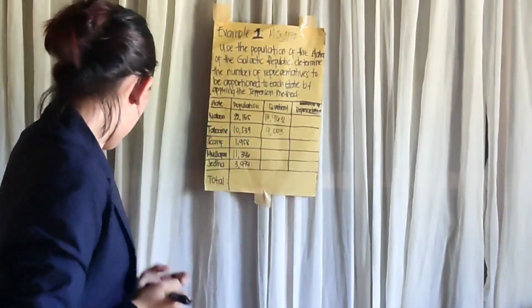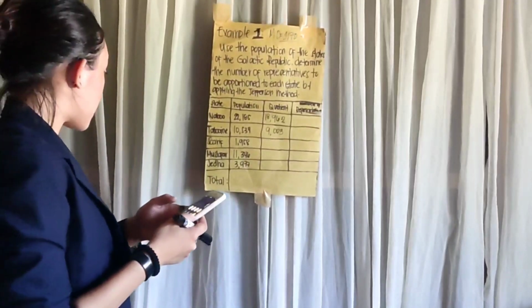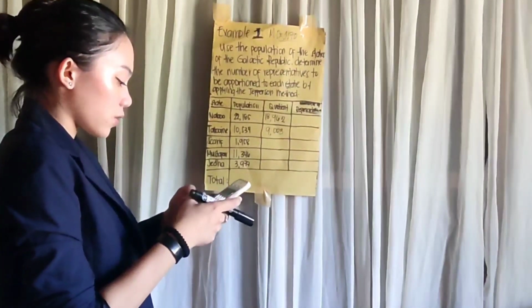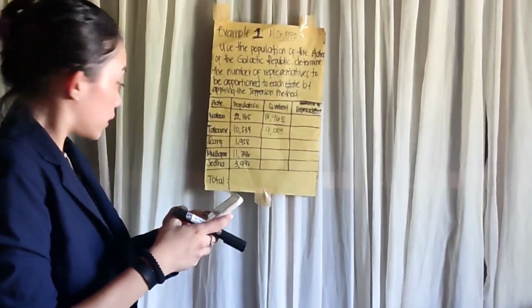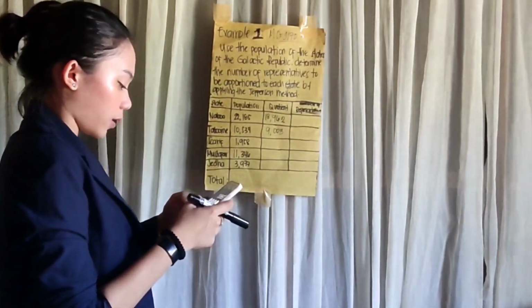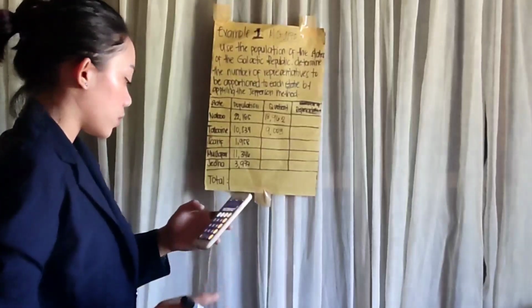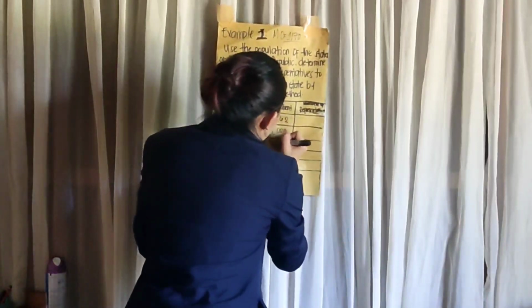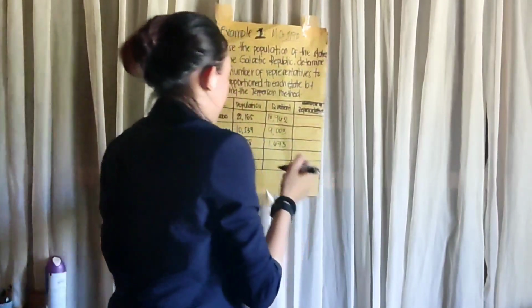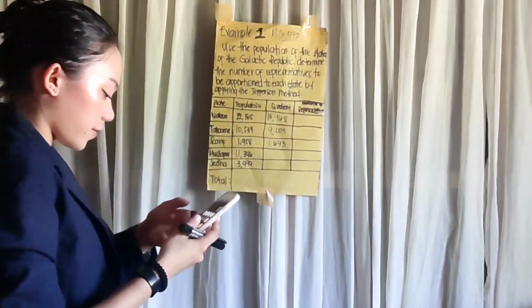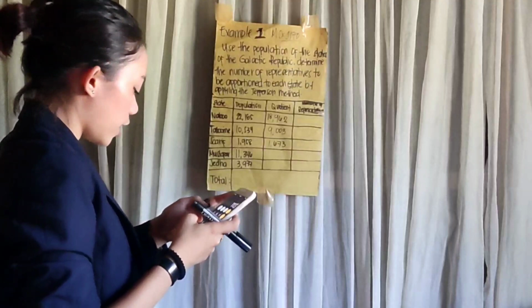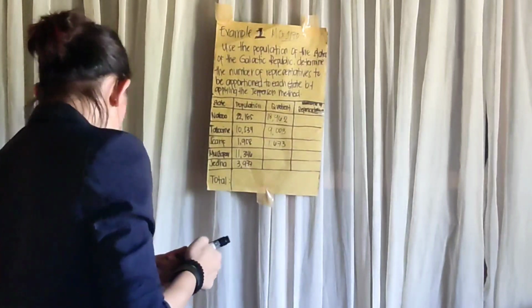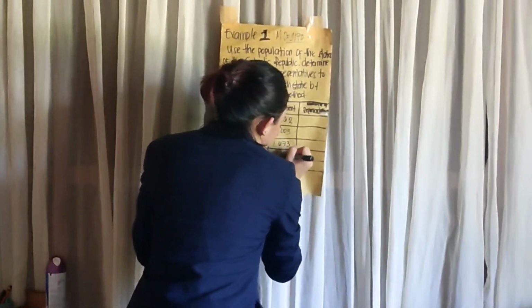Then 1,958 divided by 1,170 is equal to 1.673. Then 11,346 divided by 1,170 is equal to 9.679.